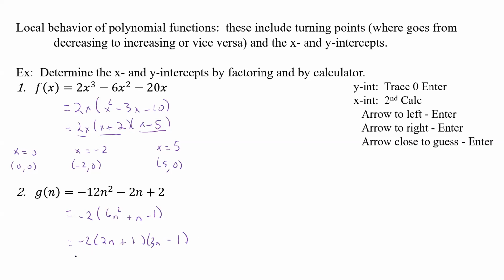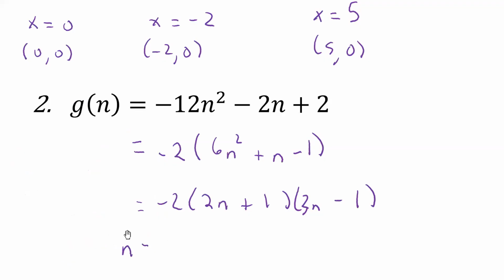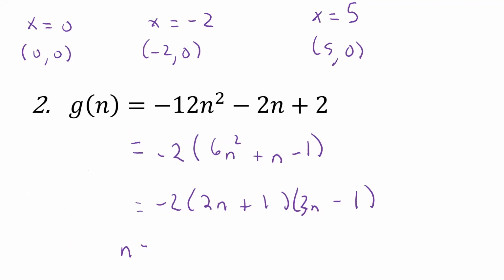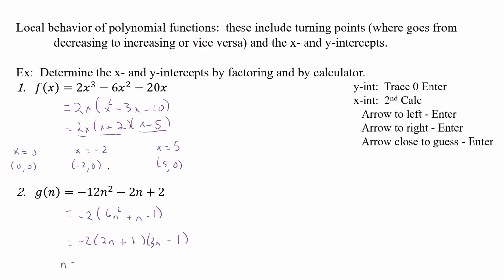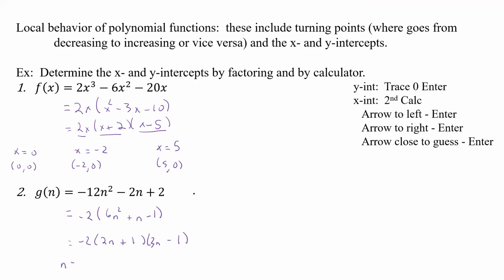Now, when I set that equal to 0, and so if I set this equal to 0, I get n is equal to, we'll write it over here, n is equal to -1/2, and on the second one we get n is equal to a positive 1/3.